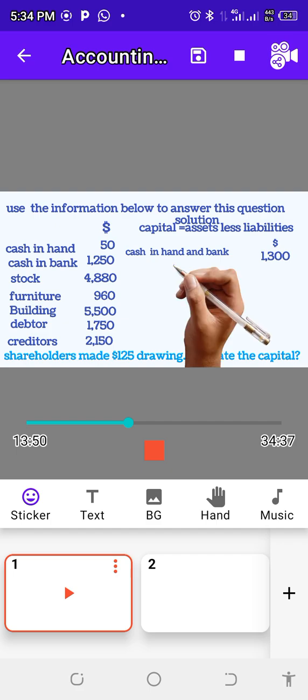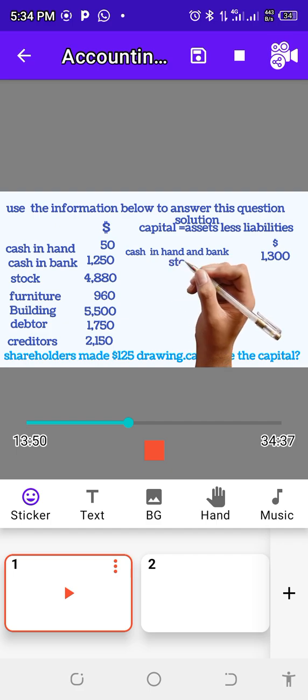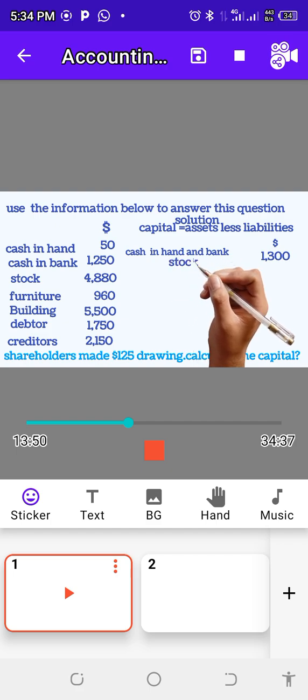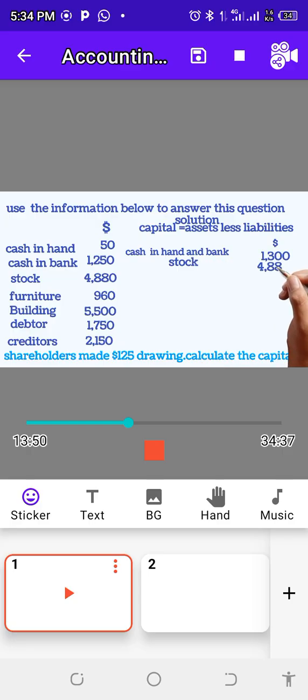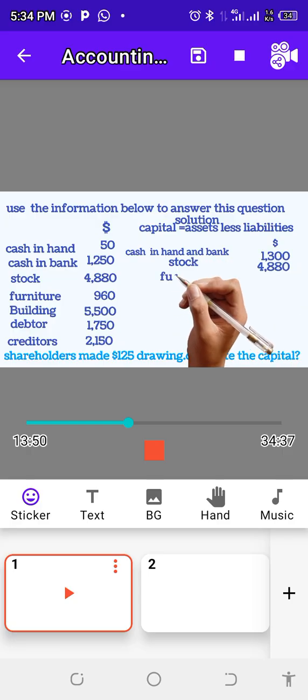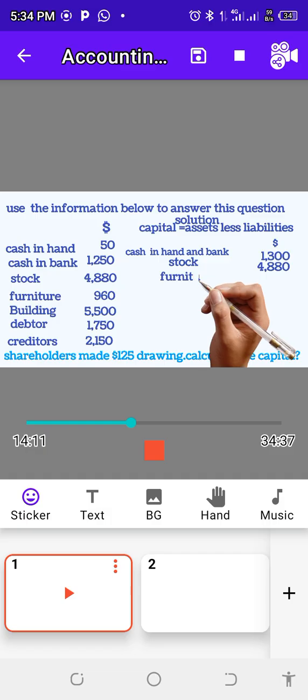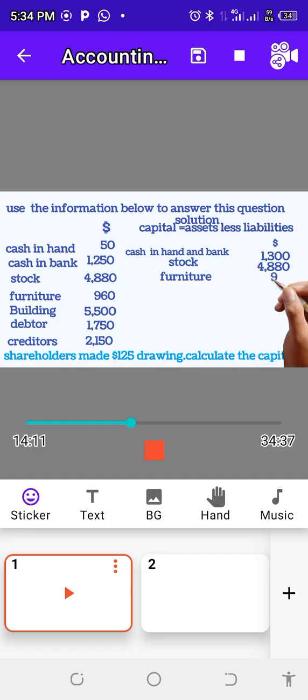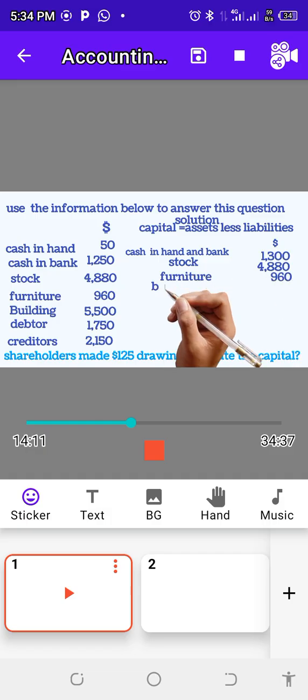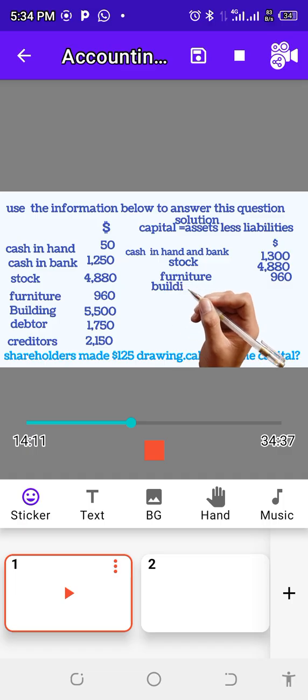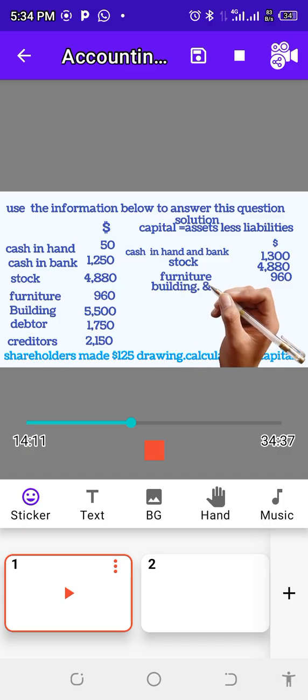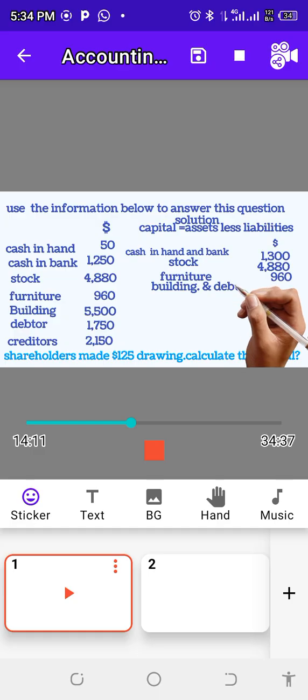The value of stock there is 4,880. Furniture, value of furniture is 960. Then building, value of building is 5,500. We have merged building and debtor together because of space, and we have 7,250.